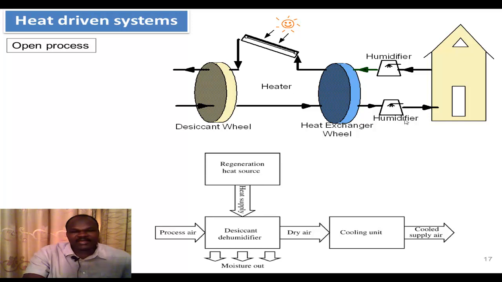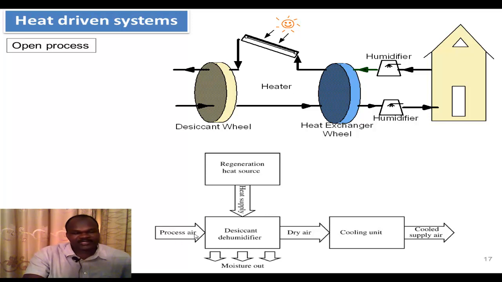If the air is already dry, you just add some water to the air, it will cool down, and you send it to the room. But for climates where relative humidity is relatively high, you could use a desiccant wheel to absorb the moisture and do the process. This figure here explains how it works.